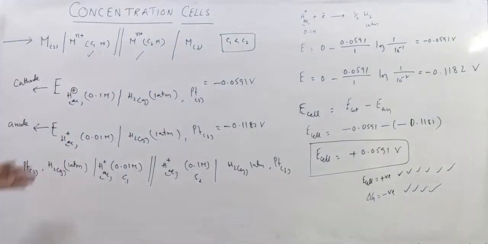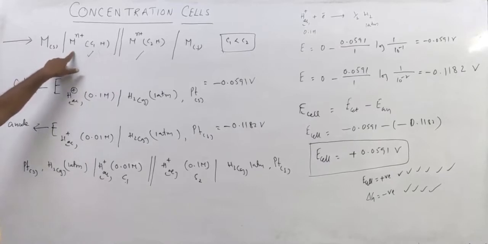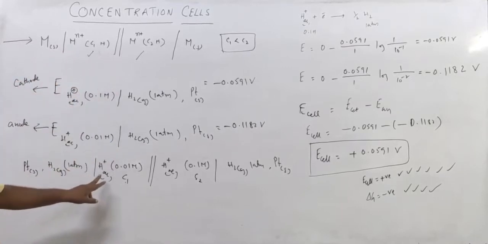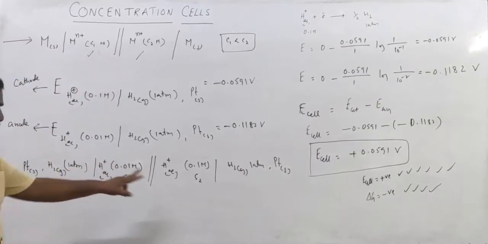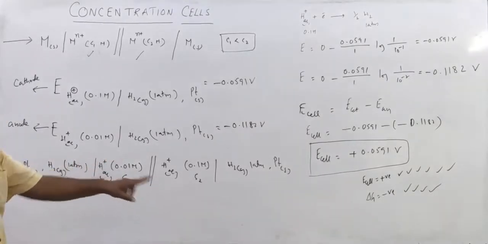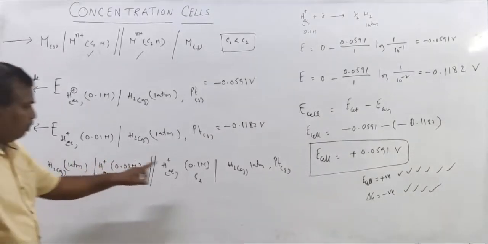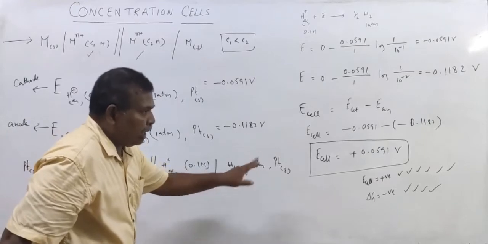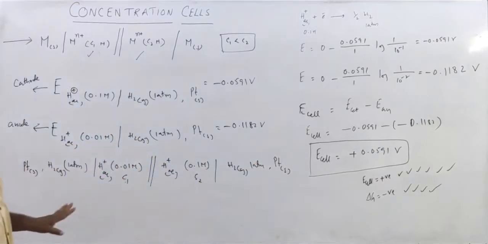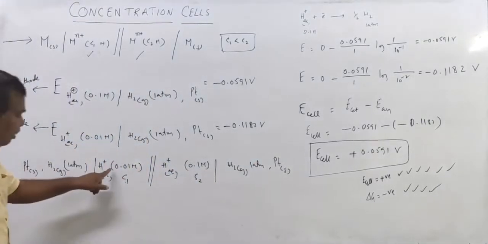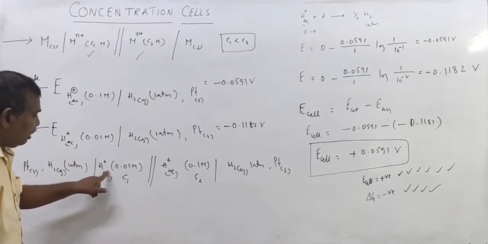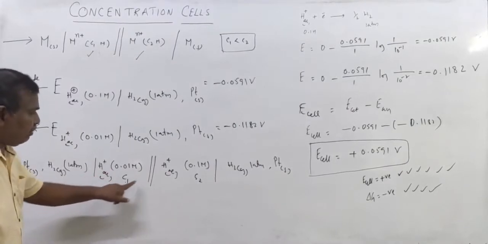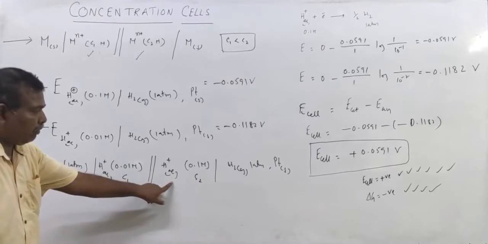Is this clear? This is also an example for an electrolyte concentration cell, because the electrode is the same. Hydrogen gas 1 atmosphere pressure, hydrogen gas 1 atmosphere pressure, electrode concentration is same. But here the concentration of the electrolyte is C1, and the concentration of the electrolyte is C2.